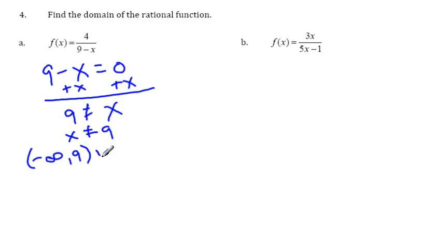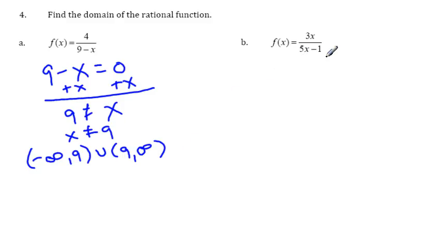And then again, from 9 to infinity. Again, the parentheses next to the 9 means the 9 is not included, so x can be all the values except 9. You can say that by saying x cannot equal 9, or by putting it in interval notation.